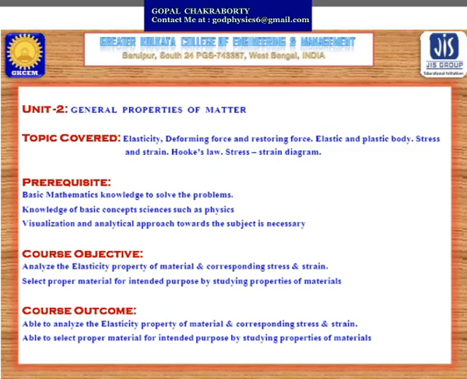So after completion of this topic, students will be able to analyze the elasticity property of material and corresponding stress and strain. They will also be able to select proper material for the intended purpose by studying properties of materials. These are considered to be the possible course outcomes.